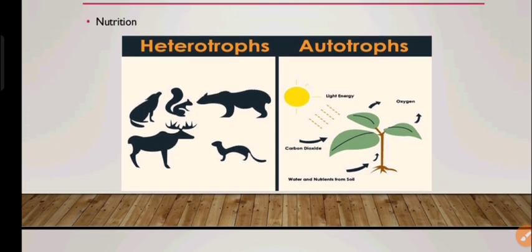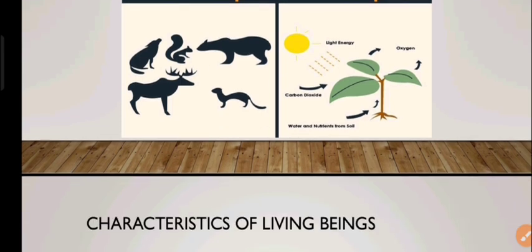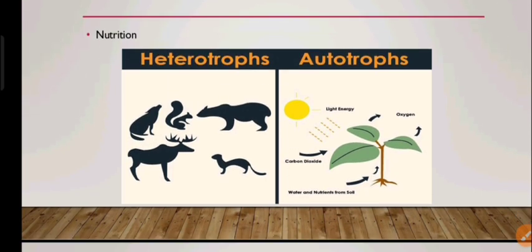Okay, the organisms which manufacture their own food are autotrophs. But some animals and human beings directly or indirectly depend on plants for their food. They are called heterotrophs or consumers. Understand? This is about heterotrophs and autotrophs.